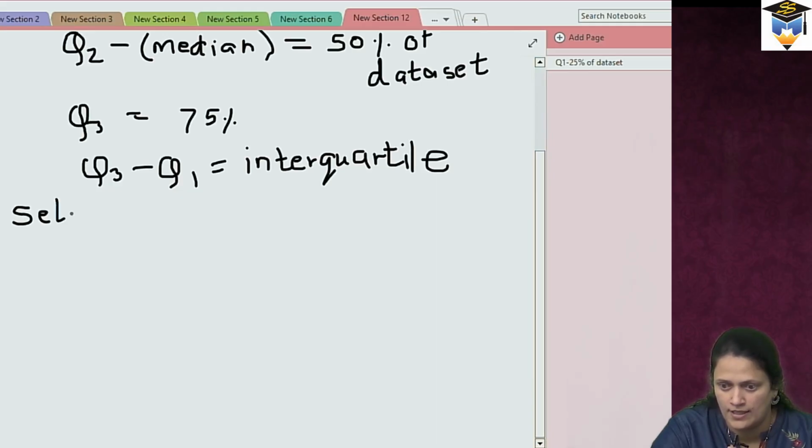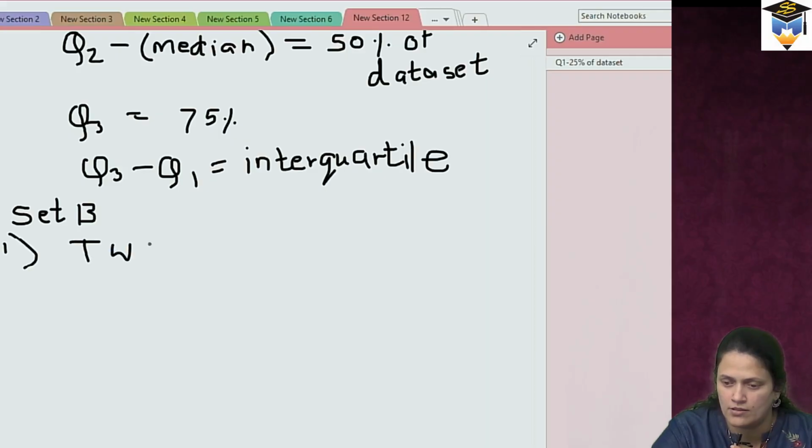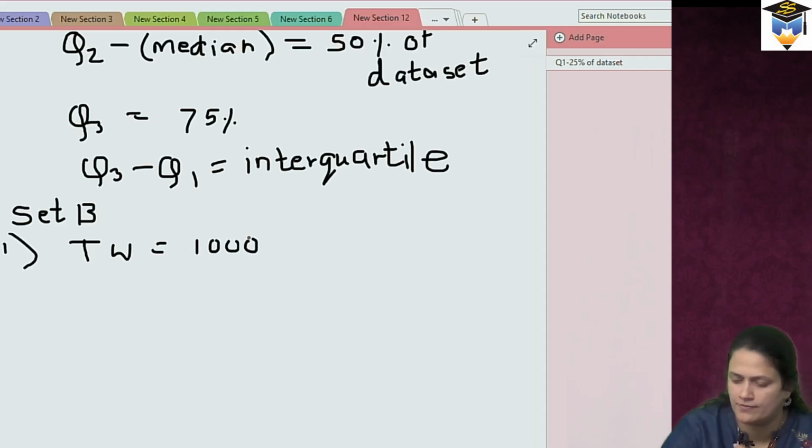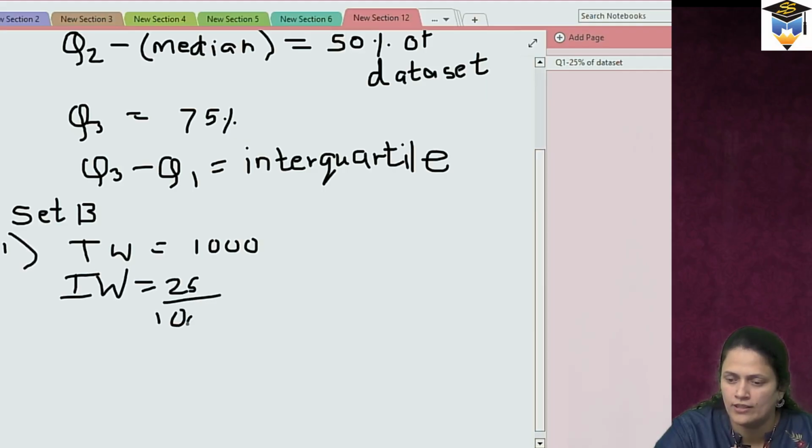Now we will do set B, the first question. Tell me how many total number of workers are there? So total workers is 1000. Industrial workers were 25%, means 25% of 1000. Industrial workers is equal to 25 upon 100 into 1000.